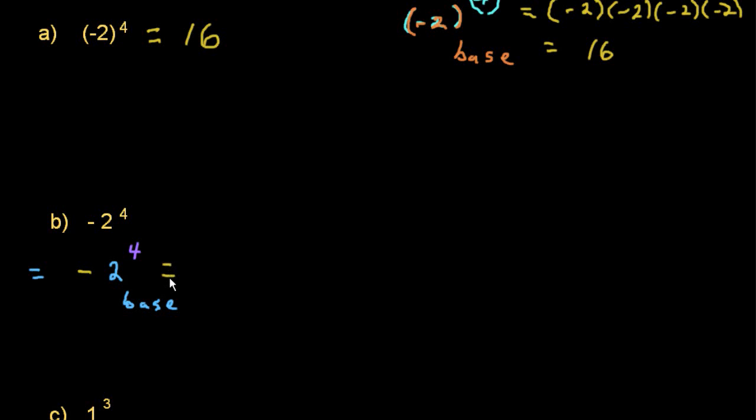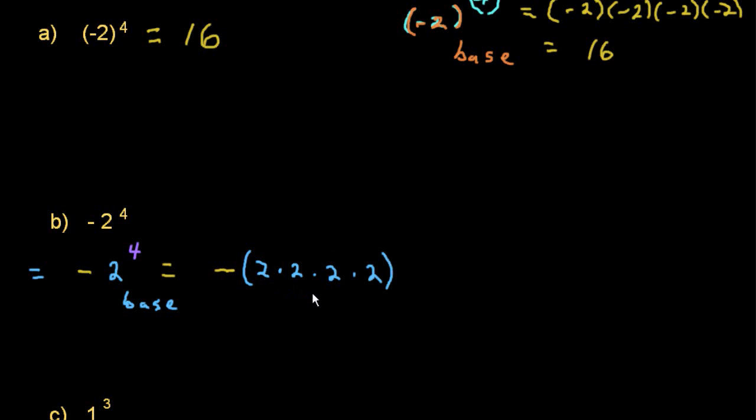In this case, we take the base, which is 2, and we write it as a factor 4 times. So 2 is a factor 4 times, and notice that I put the negative sign out in front because it's not part of the base. It's not next to the exponent.